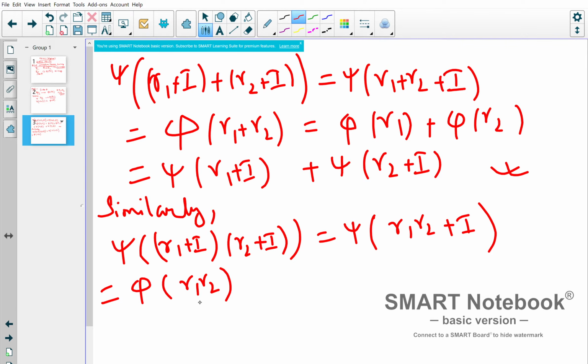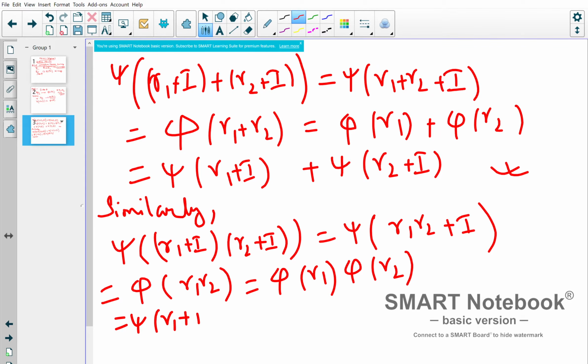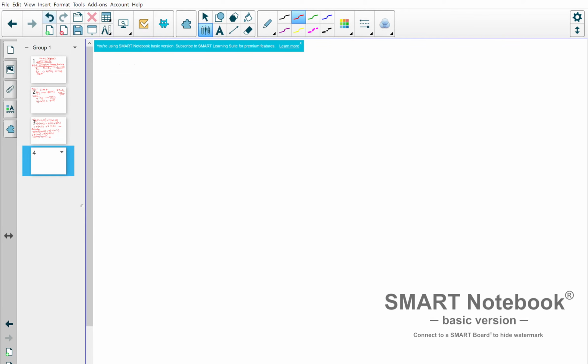Again we know that phi is a ring homomorphism, so this is nothing but phi of R1 into phi of R2, and thus this is nothing but psi of R1 plus I into psi of R2 plus I. Done. So it is natural to check that it satisfies both properties. So both properties are satisfied.